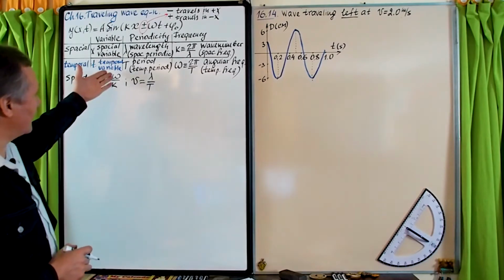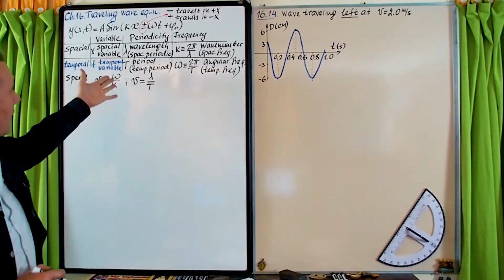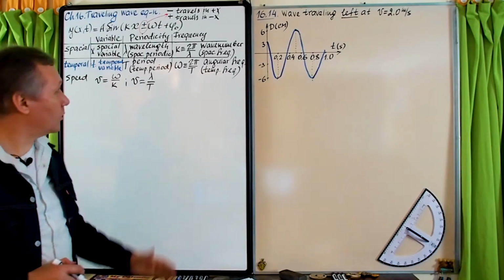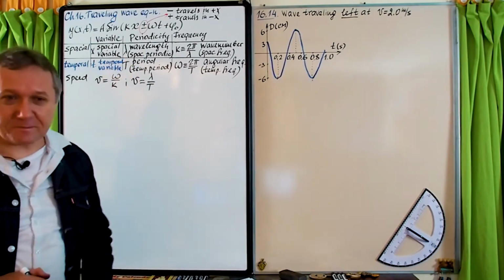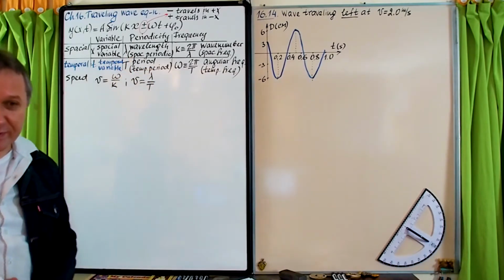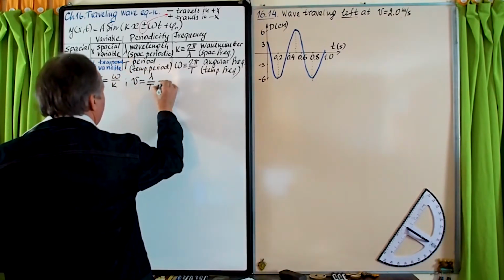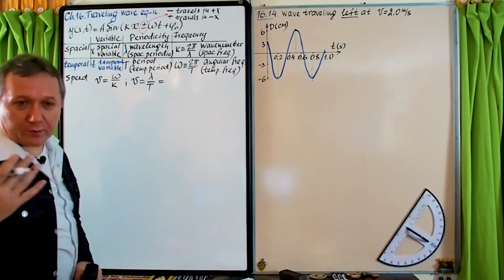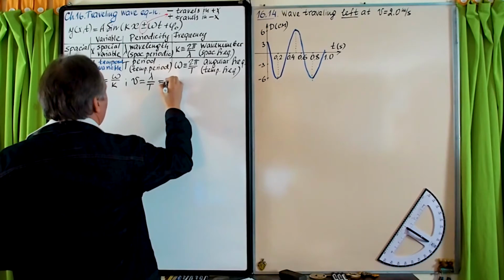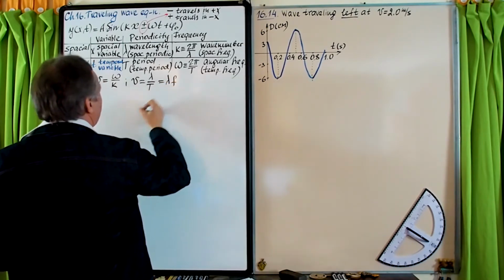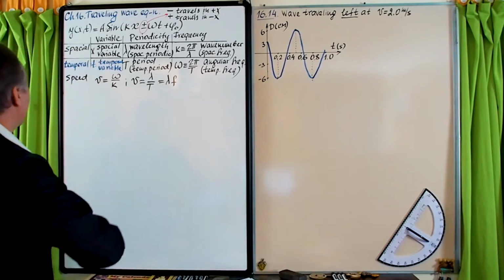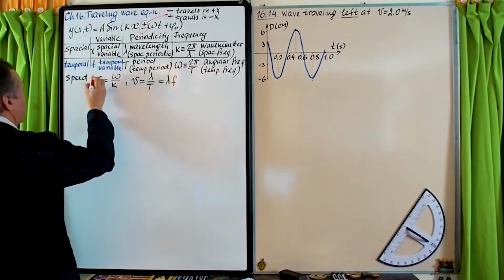So you can find it as a ratio of temporal versus spatial frequency, or spatial periodicity versus temporal periodicity. And of course, since frequency is 1 over period, you can also write it as lambda f. So this formula is used very, very often in optics. Okay, so now let me frame this.